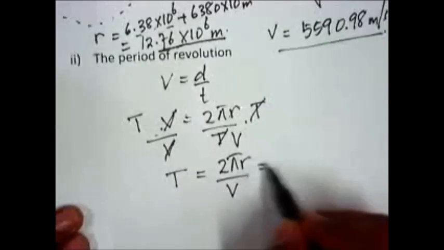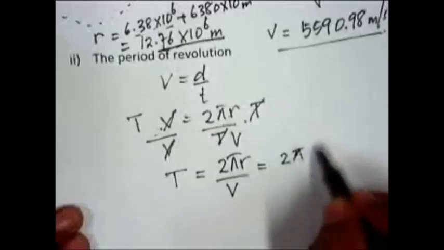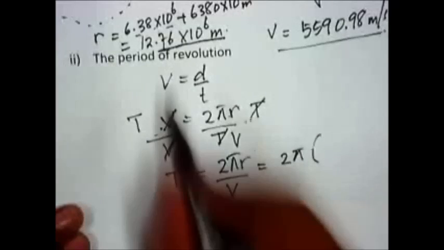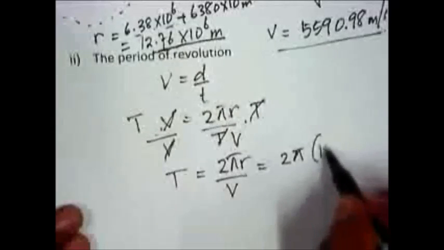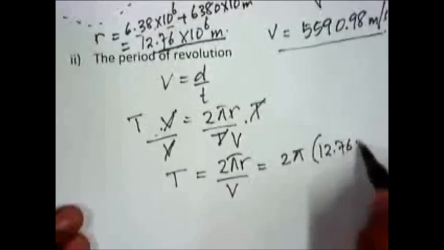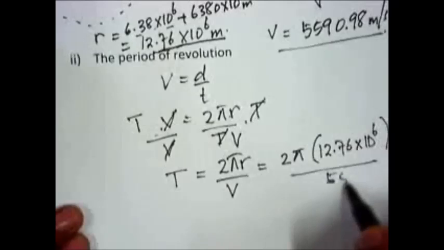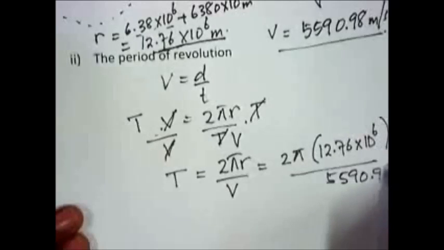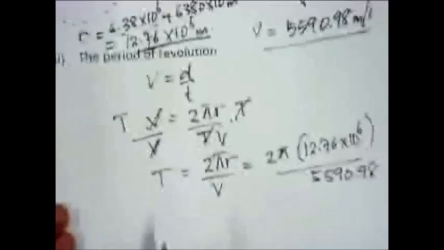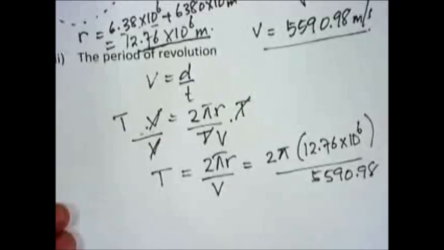Again remember it's 2 pi and the radius is the total radius, 12.76 times 10 to the power 6, divided by 5590.98. Whatever answer you get will be in seconds.